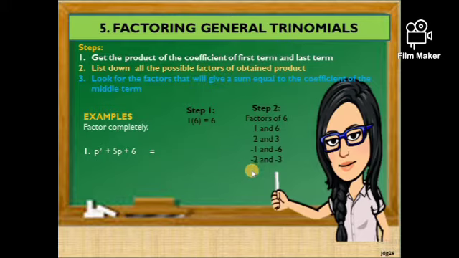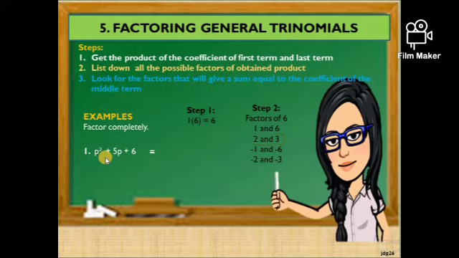Now, gamit ang mga possible factors na pwede nating magamit, alin dyan ang magbibigay sa atin ng sum na equal sa coefficient ng middle term, which is positive 5. And you are correct. We have positive 2 and positive 3 dahil ang 2 plus 3 is equals to positive 5.